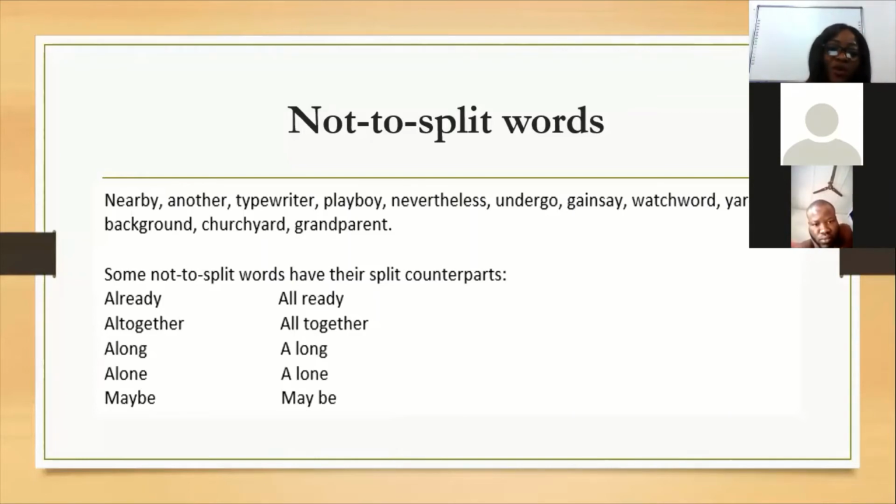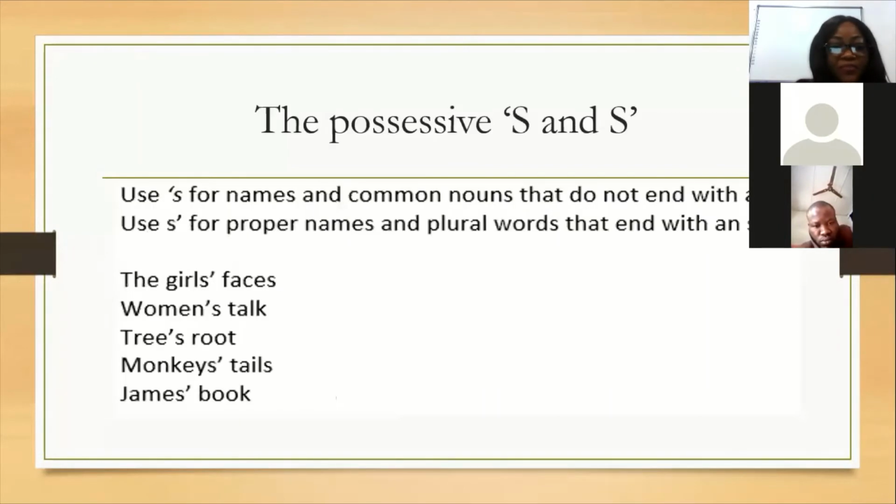But there are some words which appear like this, but have their counterparts in the split form. Remember that their counterparts have different meanings. Again, consult your dictionary to know the difference between the words when they appear together like already and when they are split like all ready. They are different words.